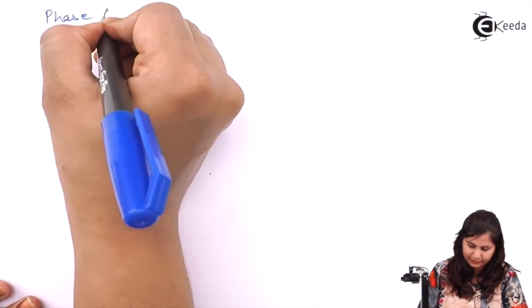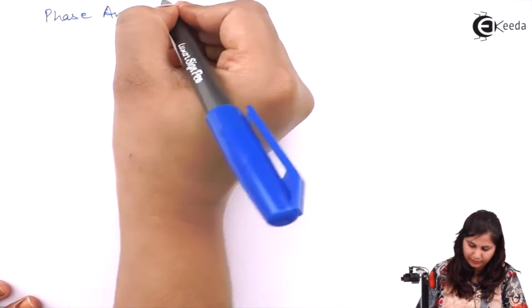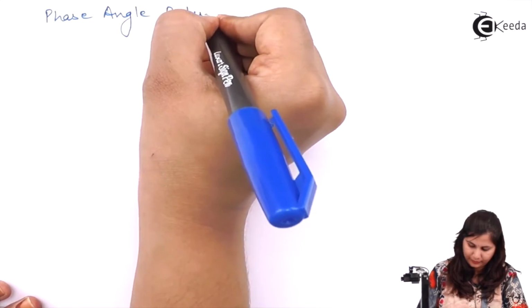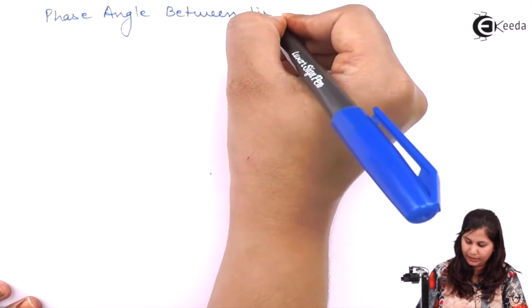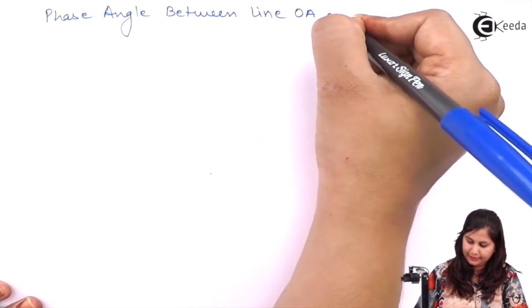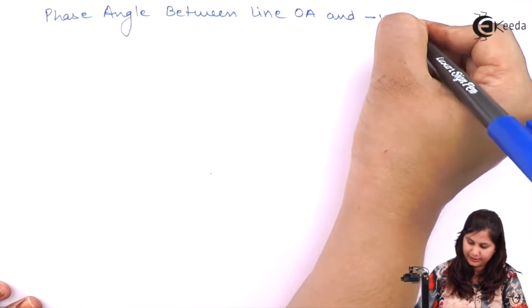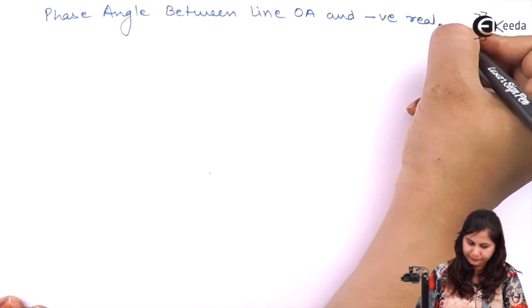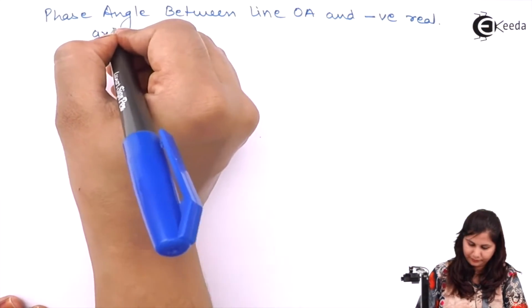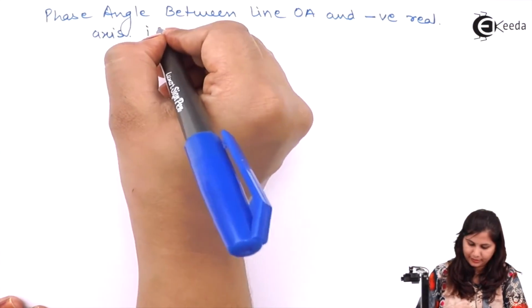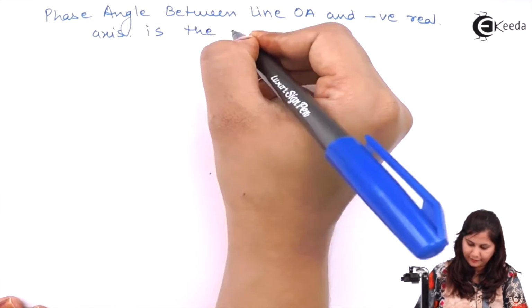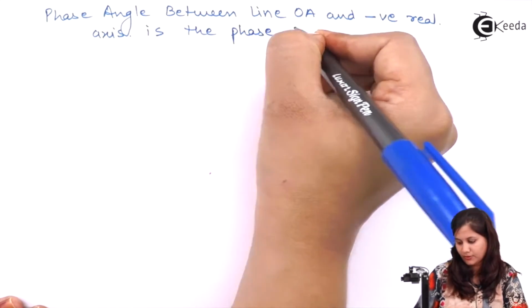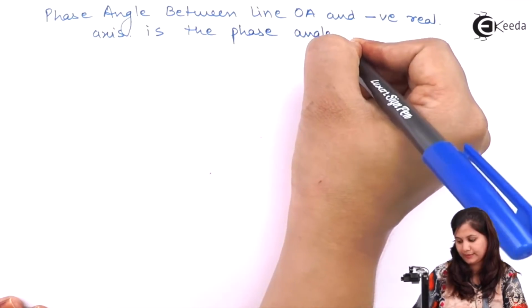So the phase angle between line OA and the negative real axis is the phase angle at the gain crossover frequency.